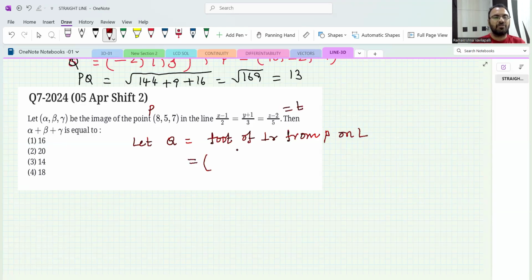Assume this is equal to T. Then you will get 2T plus 1, 3T minus 1, and 5T plus 2. This is the general point.